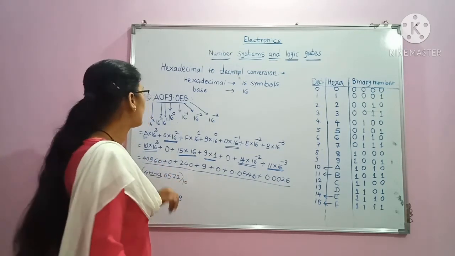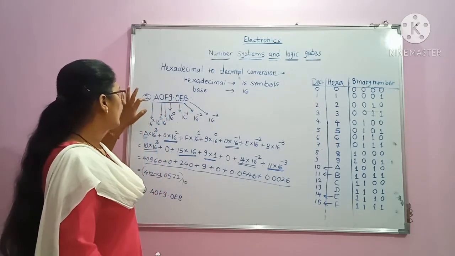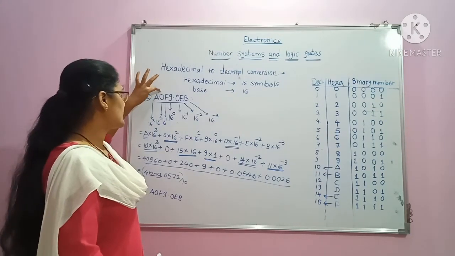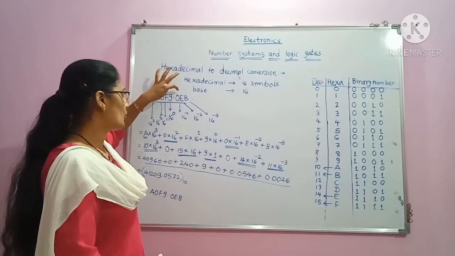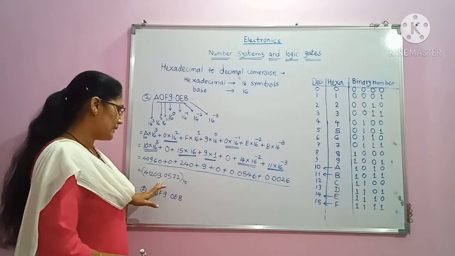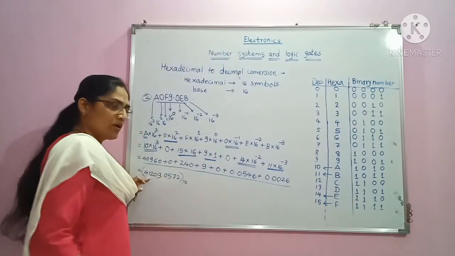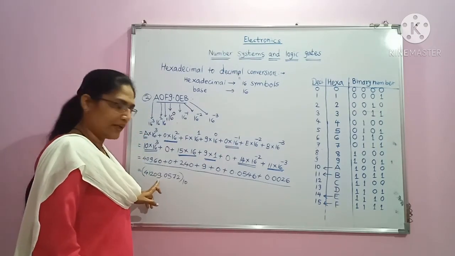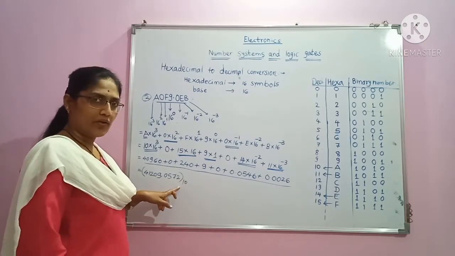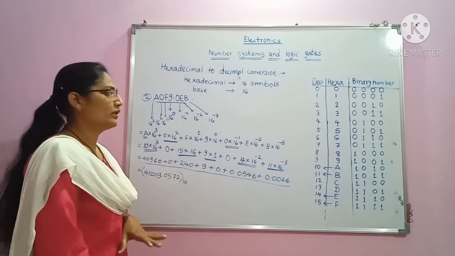So students, here we have given a hexadecimal number, A0F9.0EB, and we have converted it into its decimal equivalent, which comes out as 41209.0572, and I have written the subscript 10 as it is a decimal number.